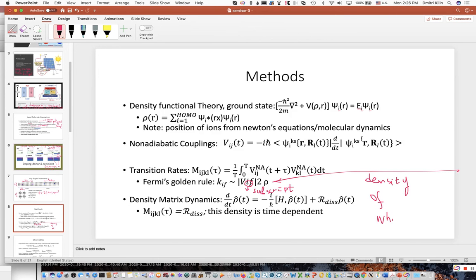I get the positions of my ions from molecular dynamics. Then I use non-adiabatic couplings to determine how my positions and energy eigenvalues change in time. After that, I use this transition rates equation to figure out the rate at which my electrons move from one orbital to another.